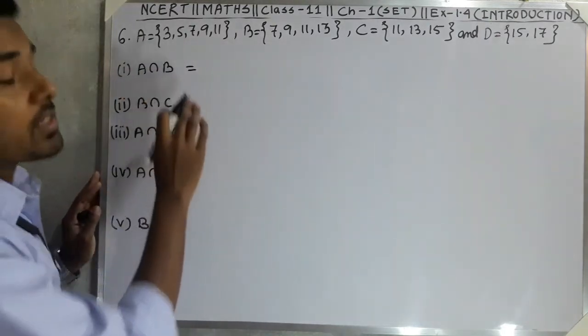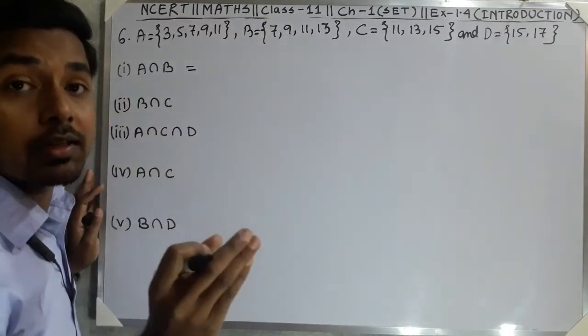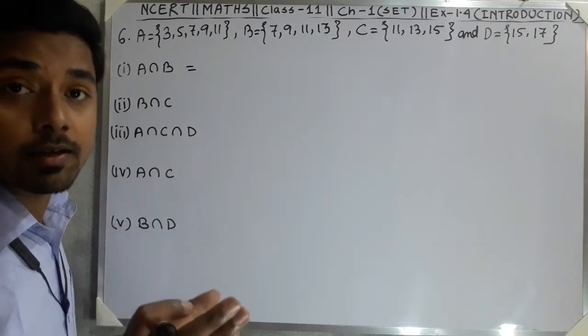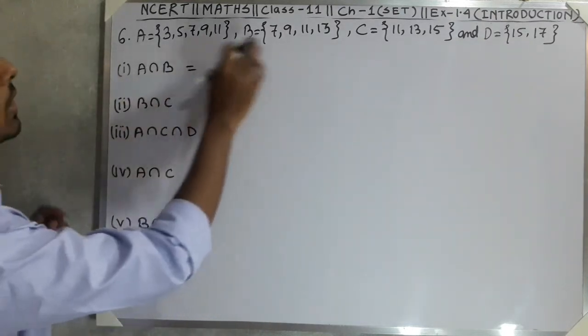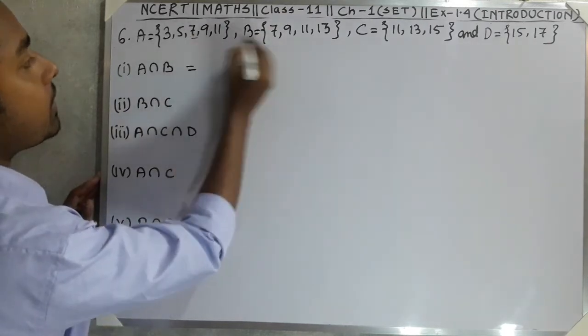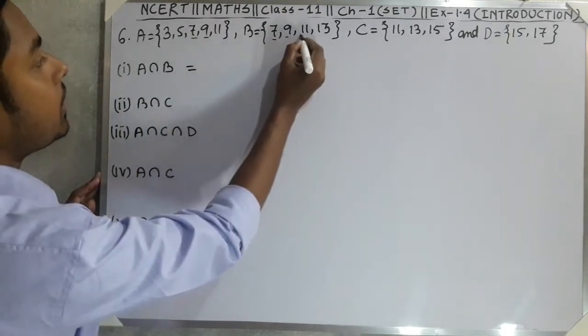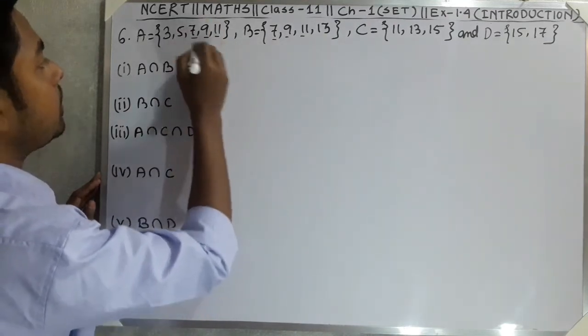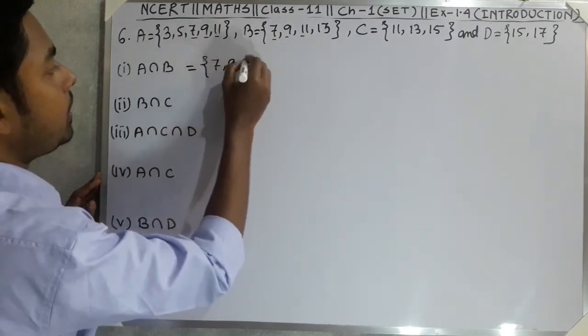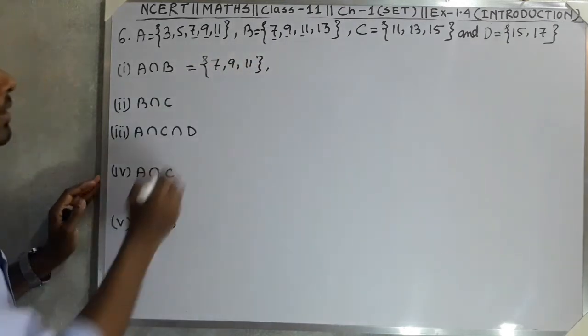A intersection B means we have to take the common elements of A and B only. So what are the common elements? 7, 9, 11. 13 is not there. So 7, 9, 11.